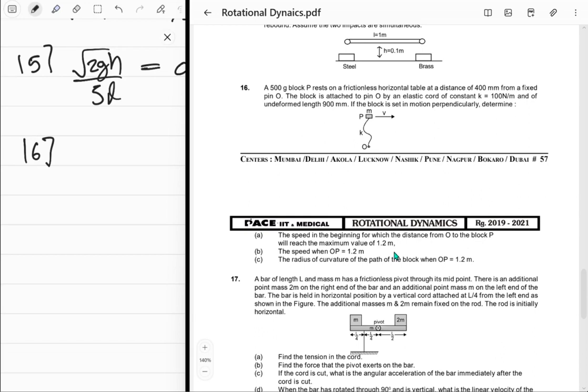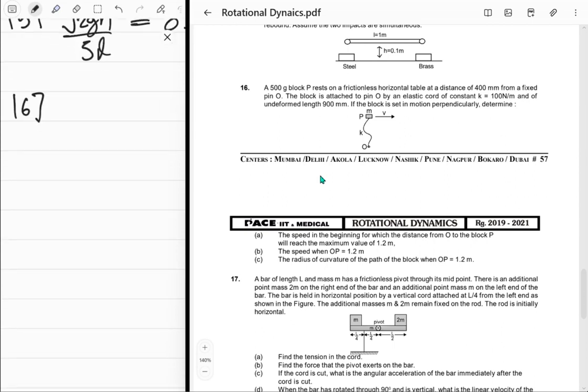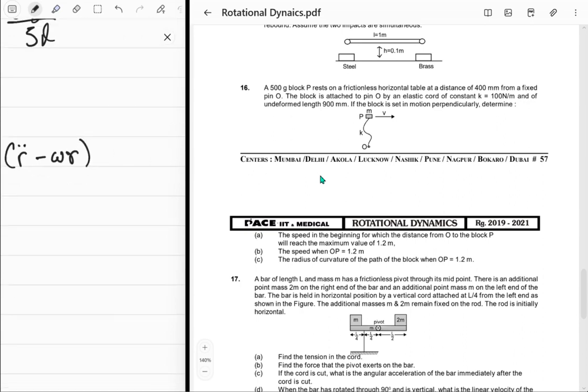Let's just write down the equations in radial and tangential form. So this is the acceleration in the radial direction. Remember, it was r double dot minus omega squared r, times r hat.